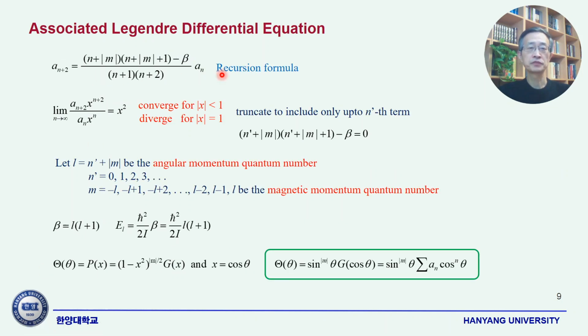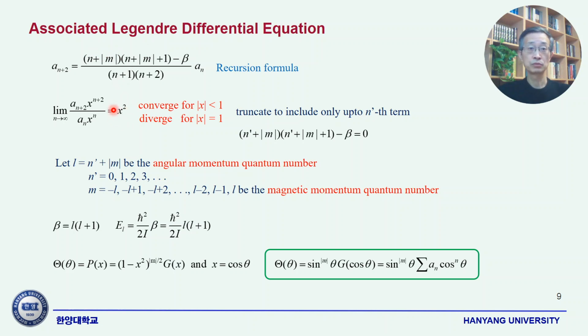You have the recursion formula, but if you take a look at it by comparing consecutive terms when n goes to infinity, the ratio is x squared. The reason for that is that for a_(n+2) over a_n, when n is large and goes to infinity, this is n, this is n, this also is n, so n squared over n squared behaves like 1.